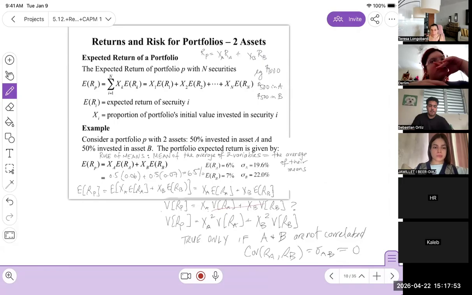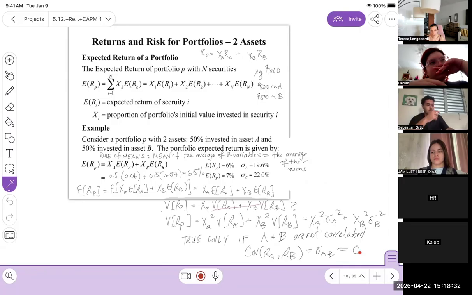If there's no relationship between them, then the variance of a portfolio holding both of them is just the contribution of each of them. We have to square, and I will show you later why, but I can write this as sigma A squared. That is true as long as there's no relationship between them. If there's a relationship and it has an effect, we need to include it. But if we know there's no relationship, it's just these two contributions to the variance.